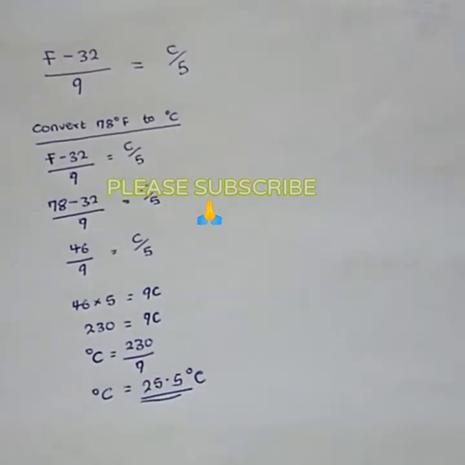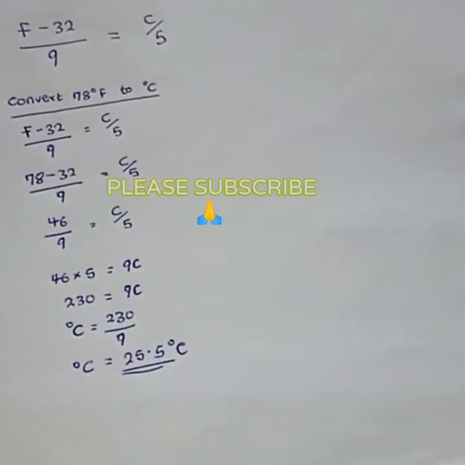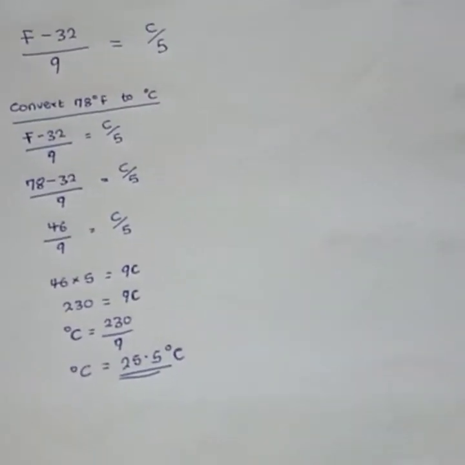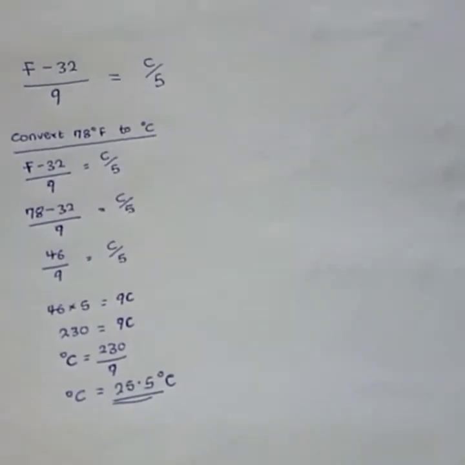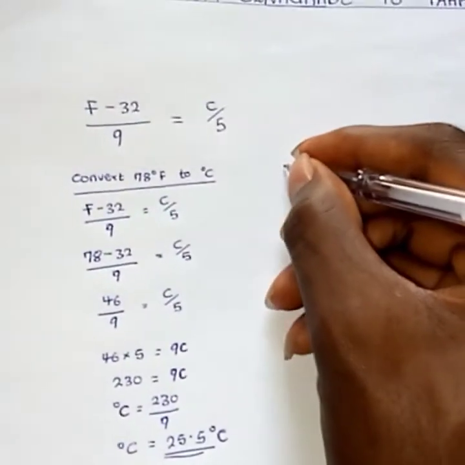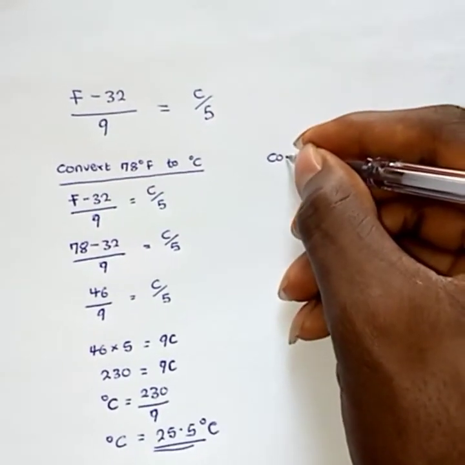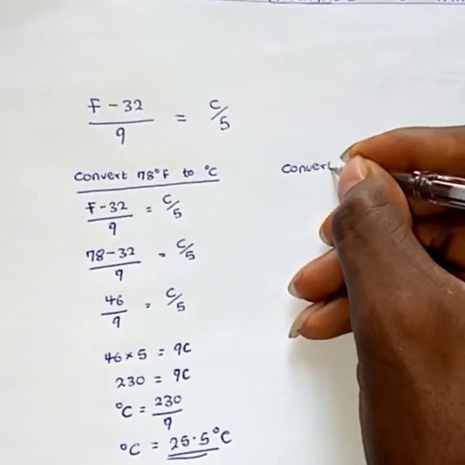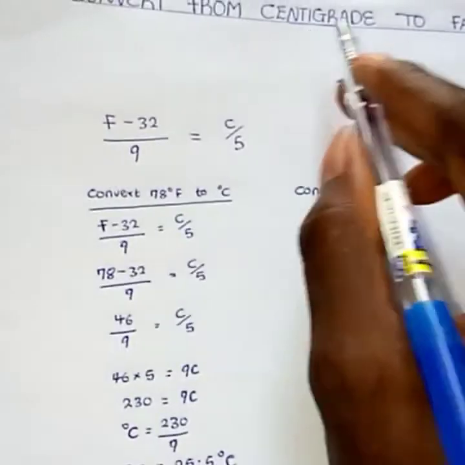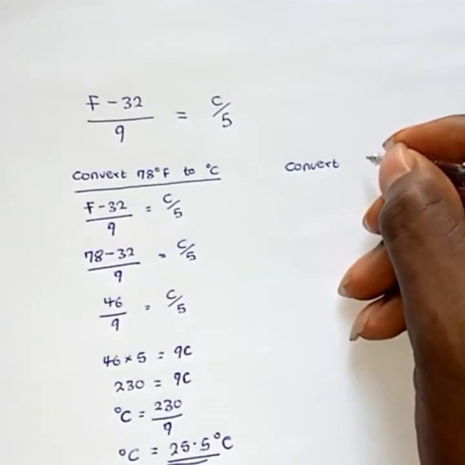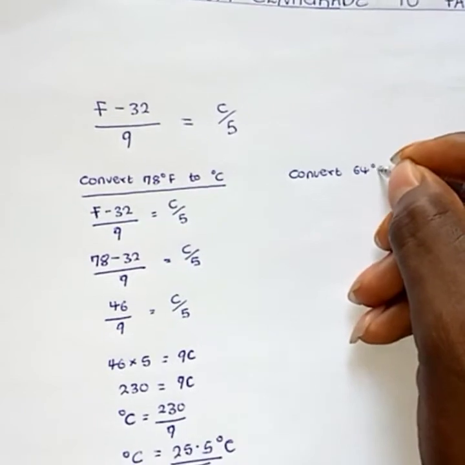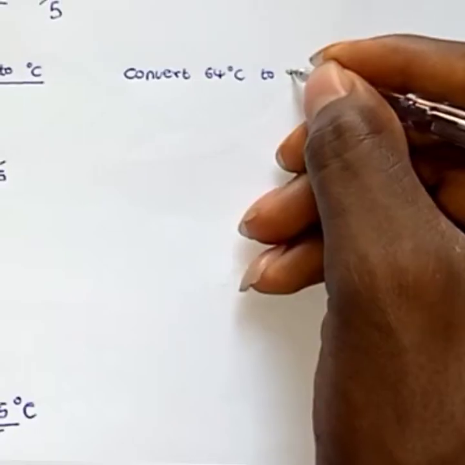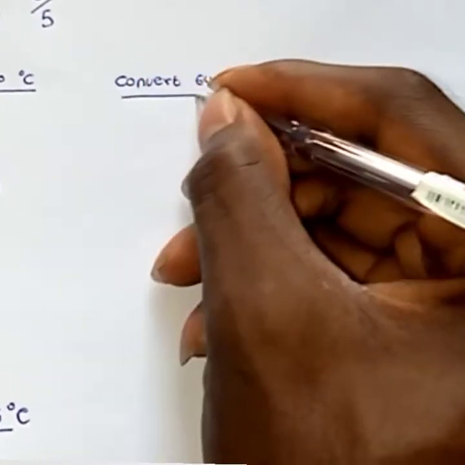Okay, so let's take some more examples so that we all can be clear with it. Let's move on. Let's convert from centigrade to Fahrenheit this time. Let's convert 64 degrees centigrade to degrees Fahrenheit.